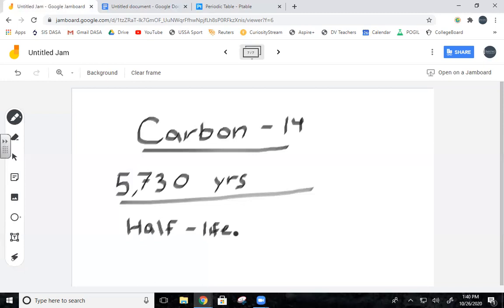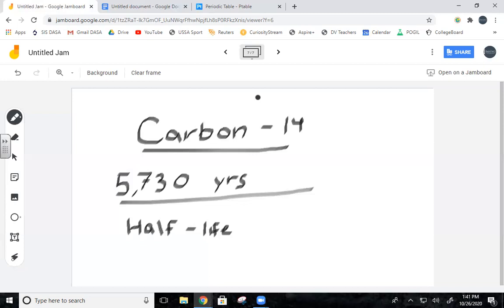So tomorrow, I should warn you, and I'm going to warn you now, we're going to be doing math. Oh no. Mathematics, as they call it in Britain, maths.